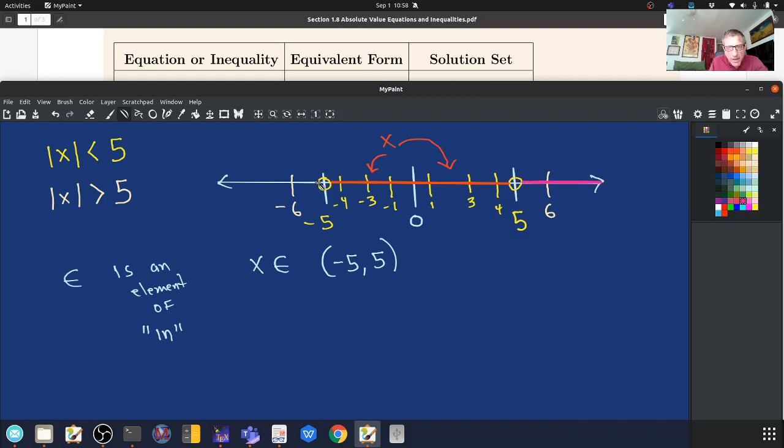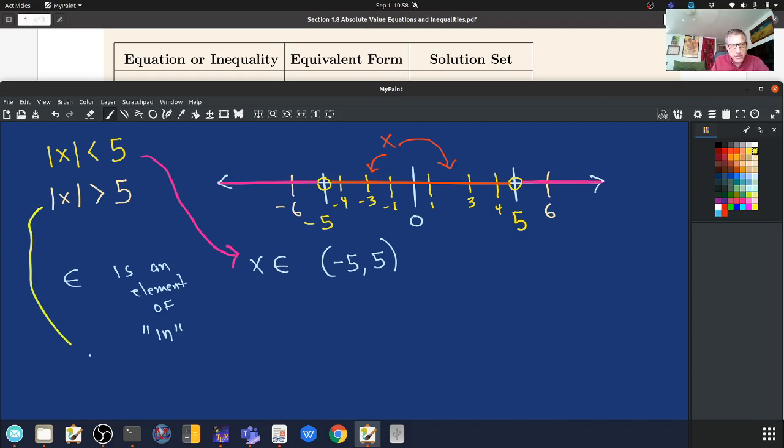It starts at 5 but doesn't include 5, and starts at less than minus 5 but doesn't include minus 5. So in this case, that's the solution set for here.